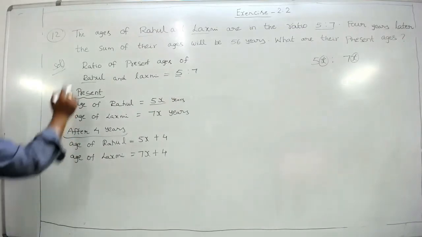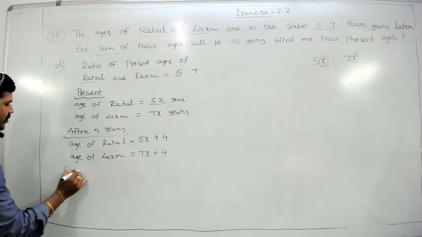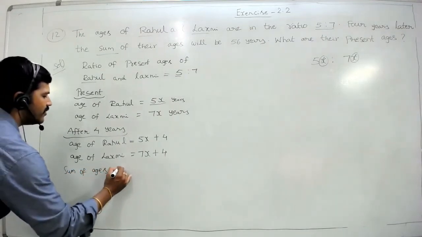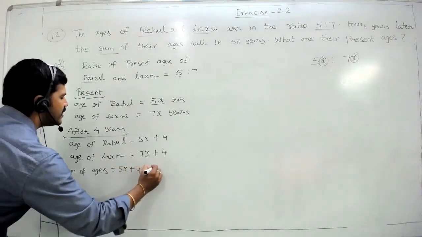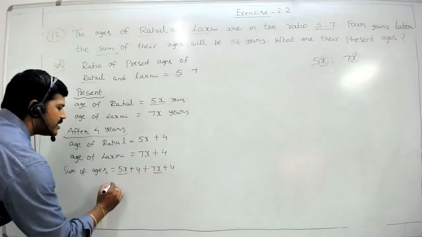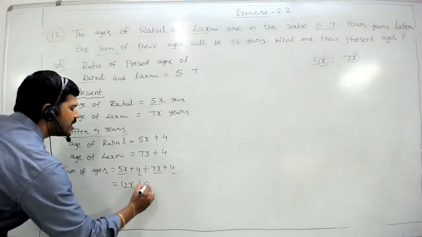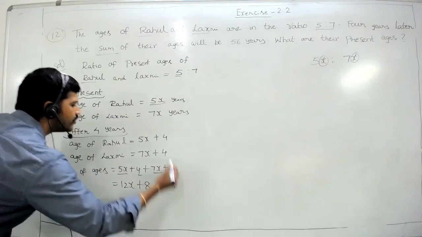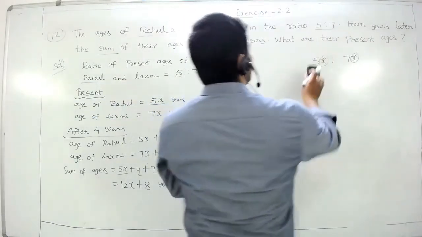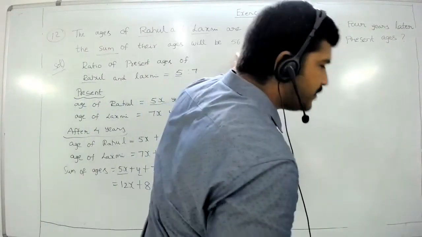Now, what am I going to find? Sum of their ages. Sum of ages is equals to 5x plus 4 plus 7x plus 4. Like that, 5x plus 7x is nothing but 12x plus 4 plus 4 is nothing but 8 years. But according to the problem, it is given as how much? 56.